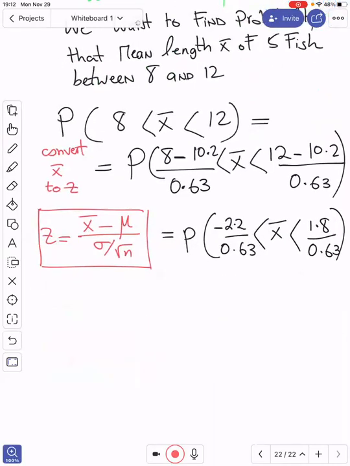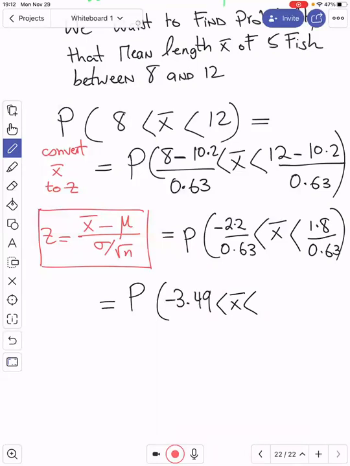Right, so this is the probability that, so negative 2.2 over 0.63 is actually negative 3.49, and 1.8 over 0.63 is 2.86.